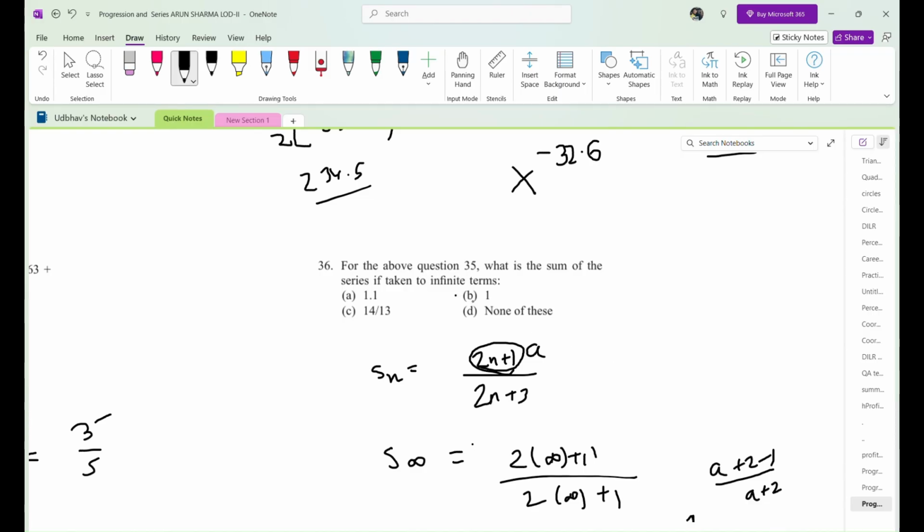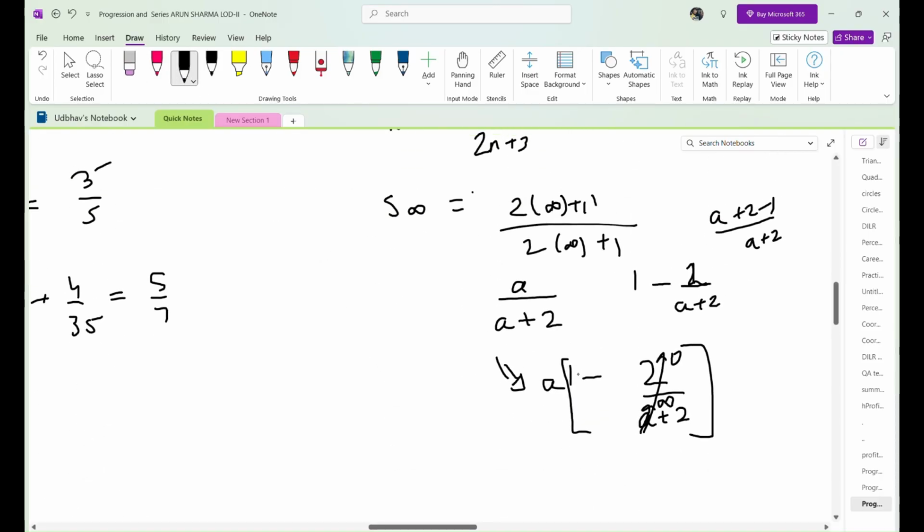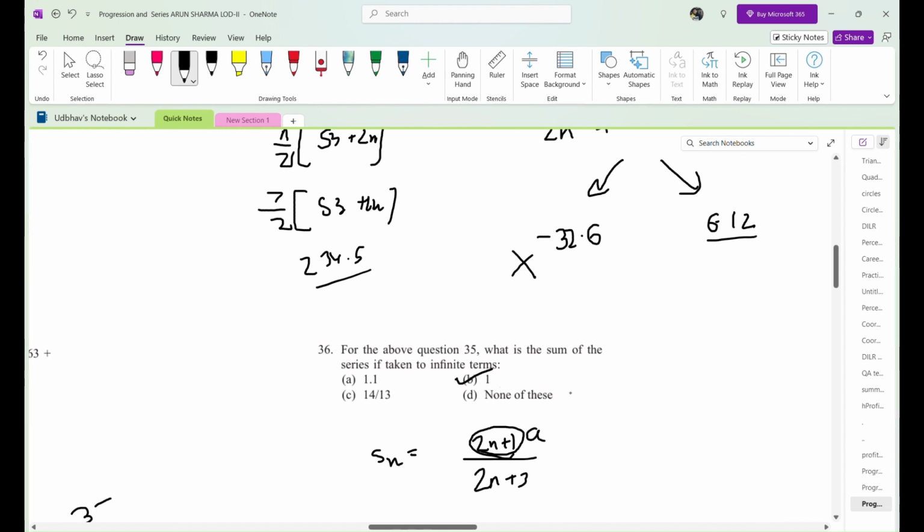It's gonna be B for 36. The answer to 36 is option B. Okay, this is 1.1. So we are not getting 1.1, we are getting 1. So B.